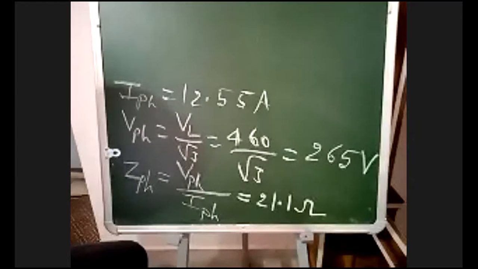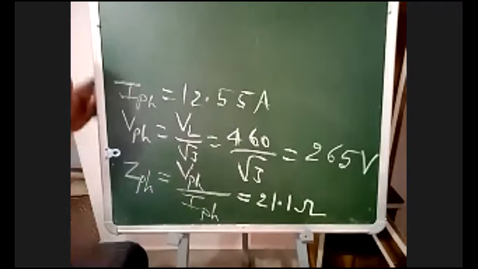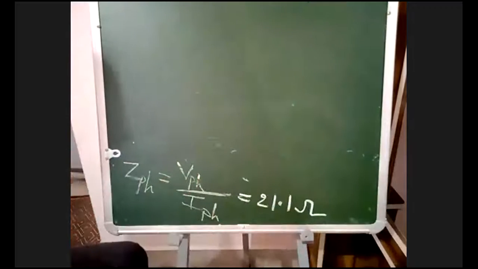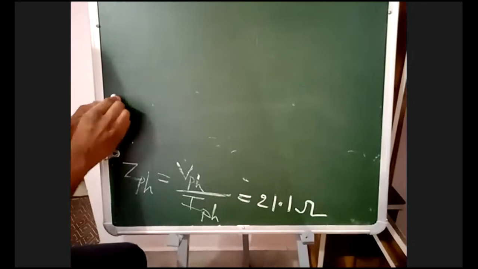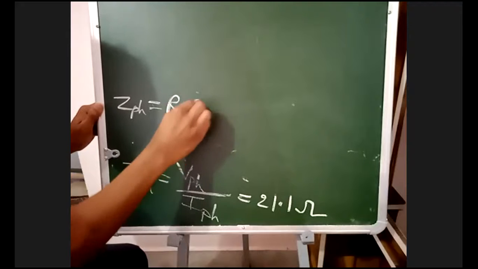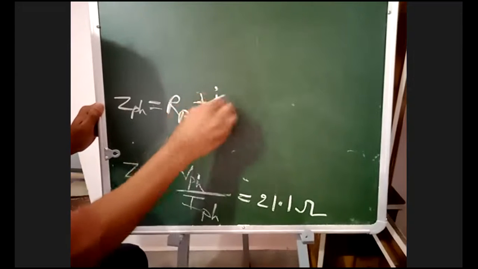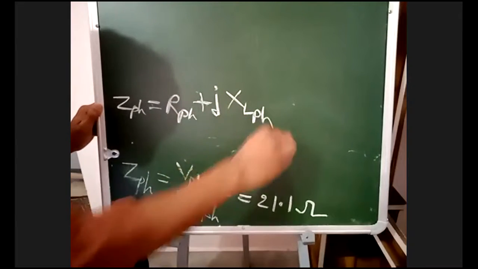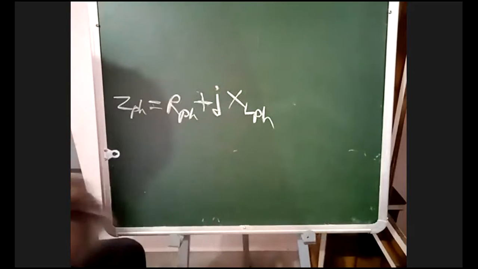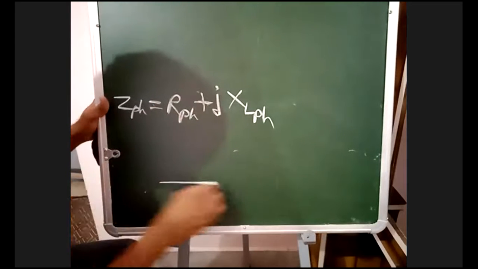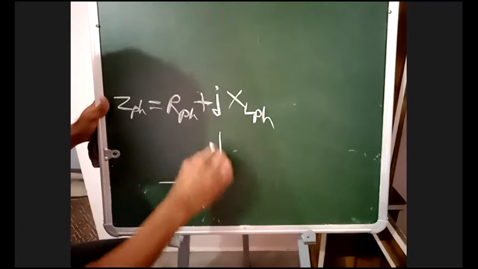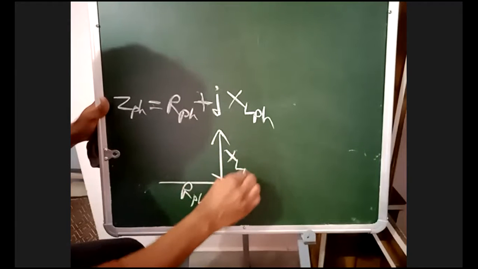Yes, sir, 21.1 ohm. This is your Z phase. Now Z phase is equal to R phase plus jXL phase. The real part R phase is taken on the x-axis, and XL phase is taken on the y-axis.